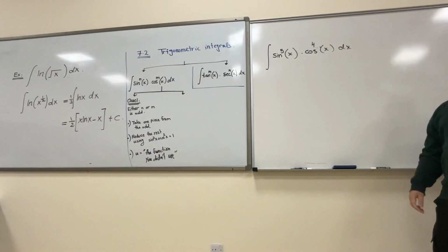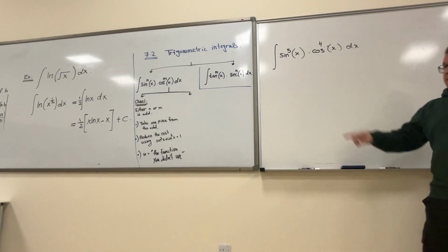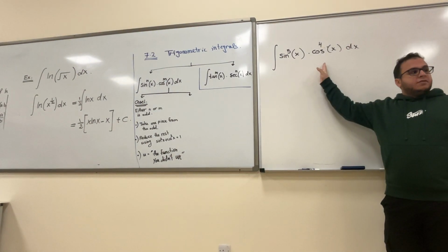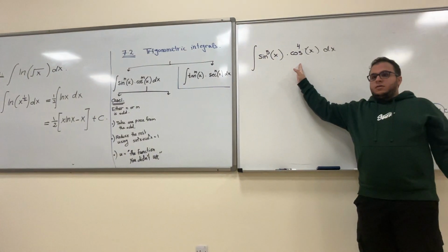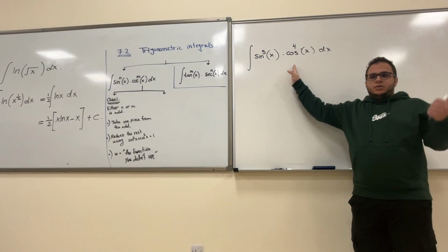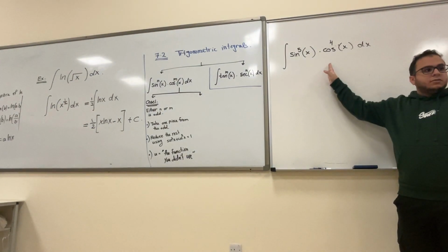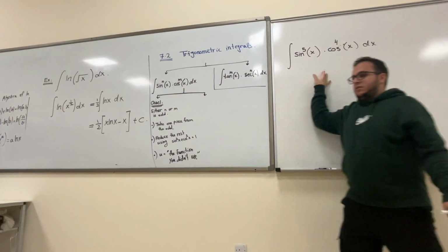Perfect. Do I care about the other one? Is there a restriction on it? If this is odd, does this mean that this should be even? No. Does this mean that this should be odd? No. This could be anything: positive, negative, integer, fraction, 0. That's fine. As long as you have an odd, you can apply all of this.